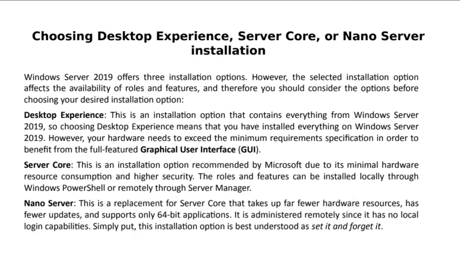It has fewer updates and only supports 64-bit applications. It is administered remotely only because it has no local login capabilities. Simply put, this installation option is best understood as set it and forget it. Just put Nano Server and then you can access it remotely.